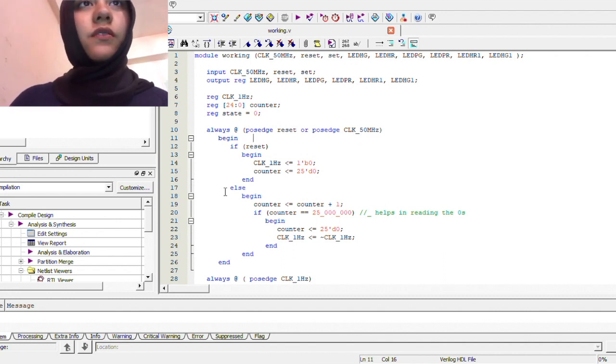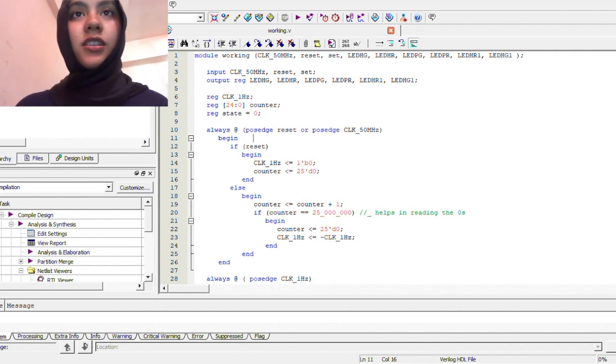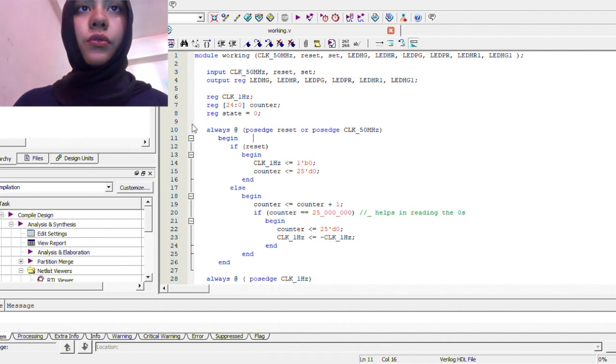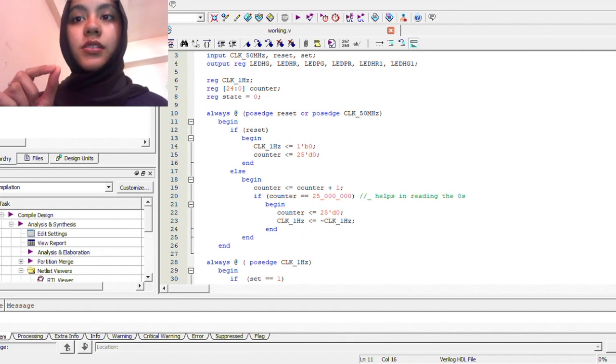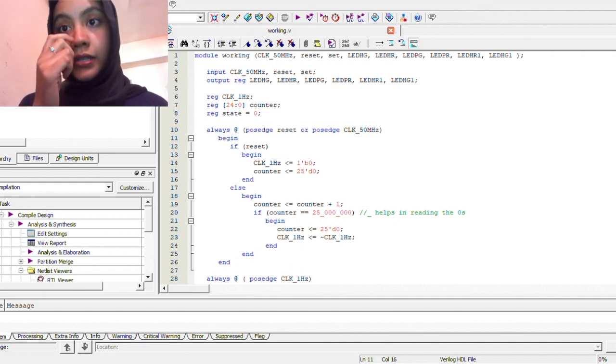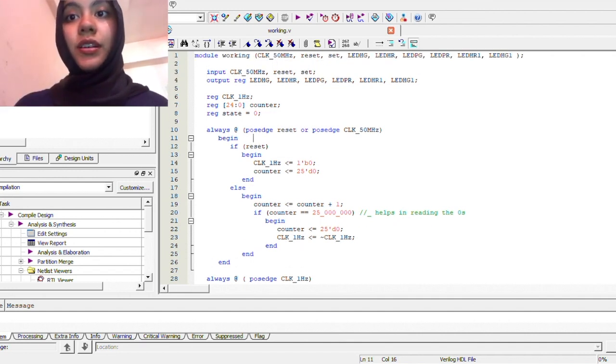The first part of this coding, from line 1 to 9, is basically the declaration of terms, and there are 2 always blocks. We have used 6 LEDs because each of the traffic lights has 2 states, which are green and red.